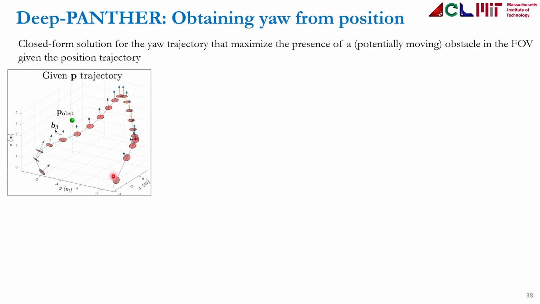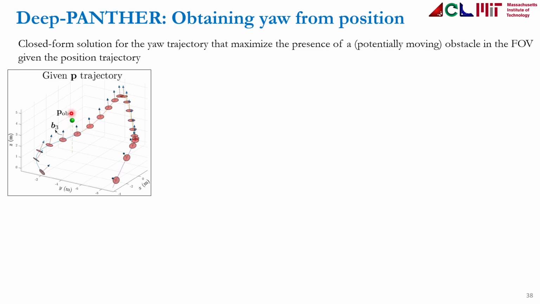Another question is how we can obtain the yaw trajectory. The thing is that if I give you the position trajectory and the time allocation, then you already know 2 degrees of freedom of the rotation due to the underactuated constraint of a UAV. But now we are interested in finding the yaw trajectory, which is the 3rd degree of freedom, and specifically we want to find the yaw trajectory that maximizes the presence of a given feature, static or dynamic, in the field of view.